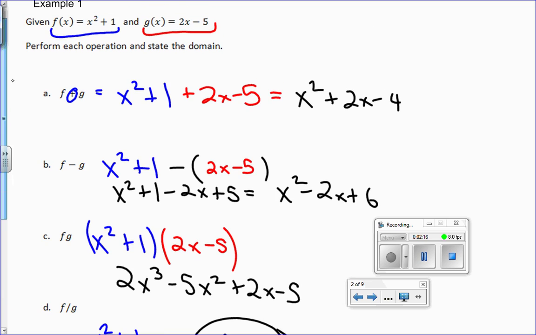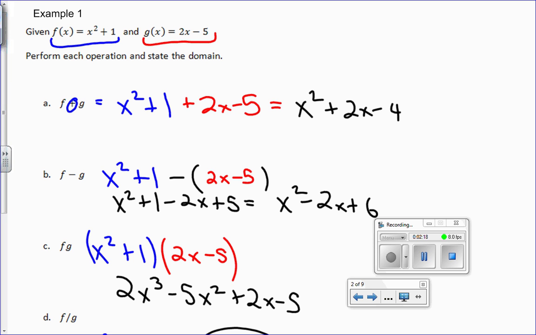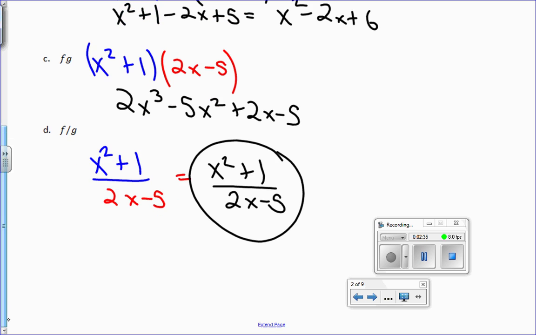They also ask us for the domain, just the domain. Since these are polynomials, the domain is going to be all real numbers for the given functions and for the combining of the two, except for the last one. There's a red flag down here, because when we have division, we can't divide by 0.